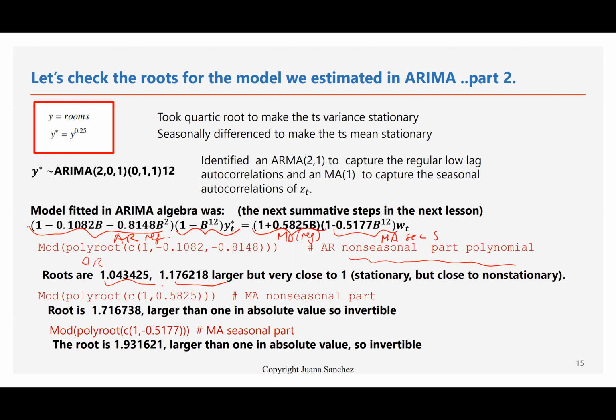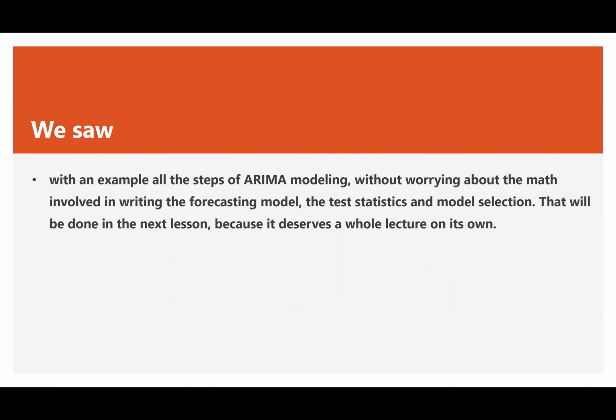The regular MA gives us a root of 1.71, so the regular MA part is invertible, and the seasonal MA part gives us also a root in absolute value larger than 1, so that's also invertible. So this is how you check stationarity and invertibility.